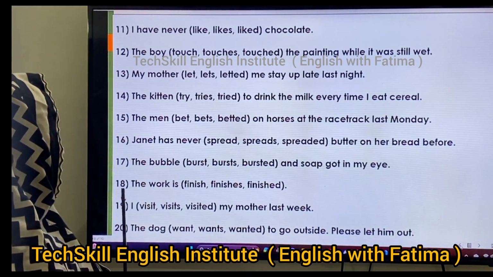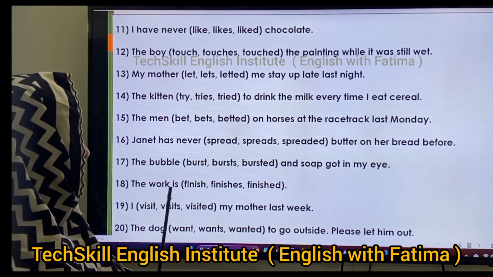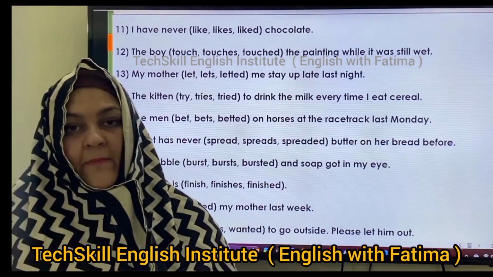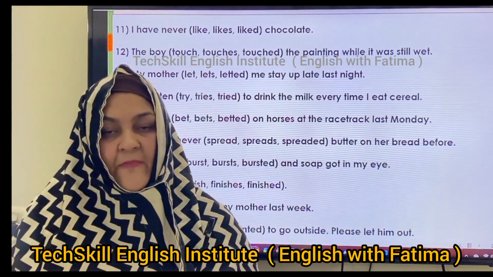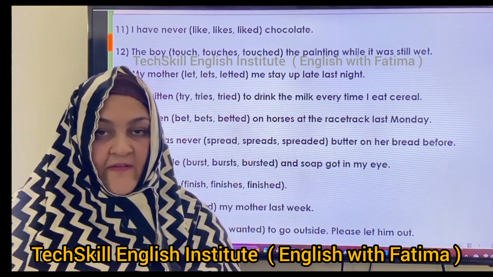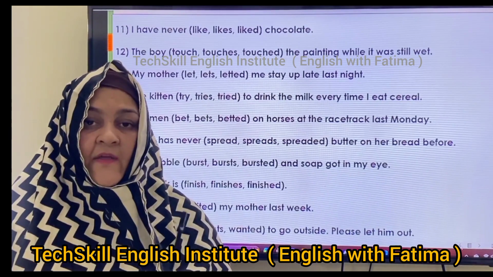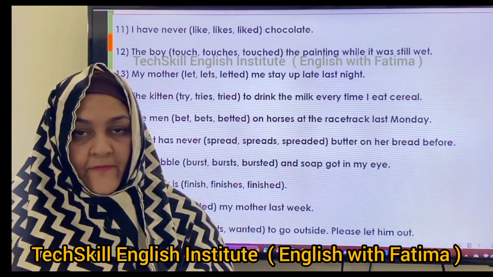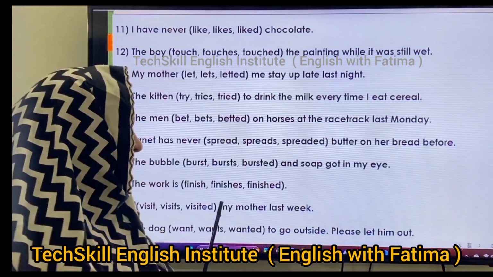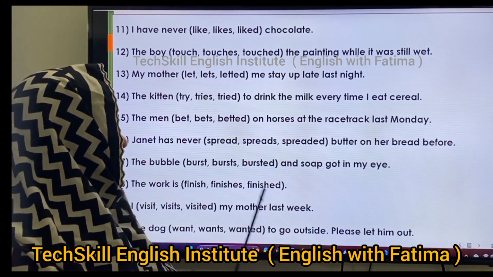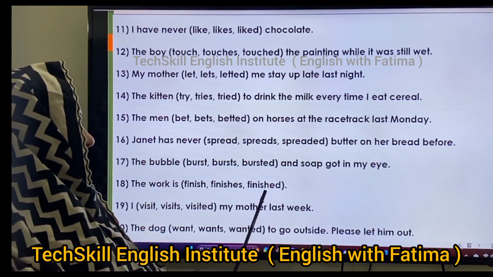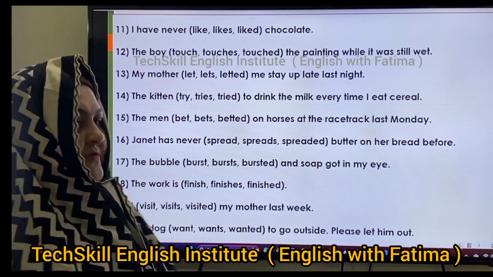Again, number 18. The work is here, so it should be passive voice. Okay, so it means that in any case, in the passive voice, we always use the participle form of the verb. The participle form of finish is finished. So the correct choice is finished. The work is finished.